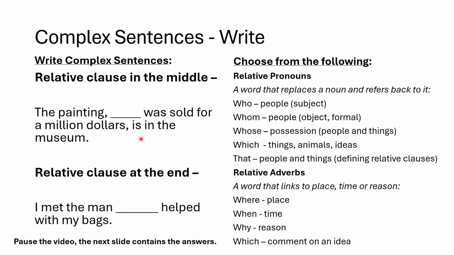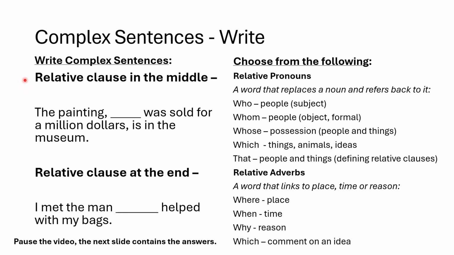Read the clauses. Ask yourself, am I replacing the noun, or am I giving extra information about place, time, or reason? Then choose a relative pronoun or relative adverb that appropriately completes the complex sentences.